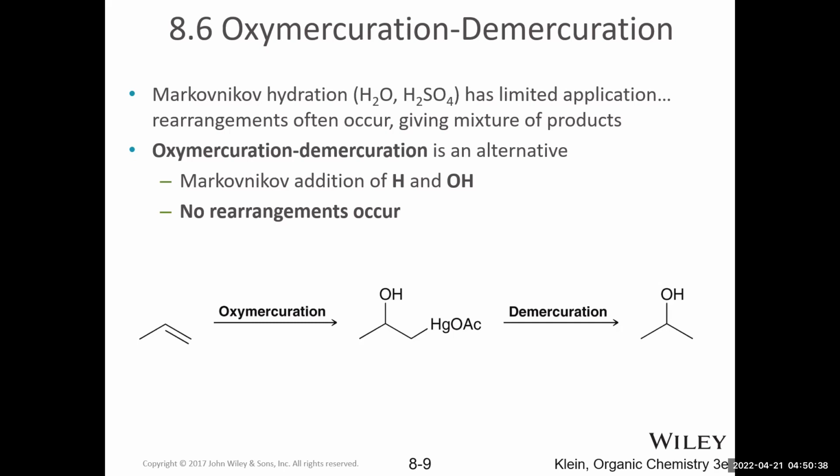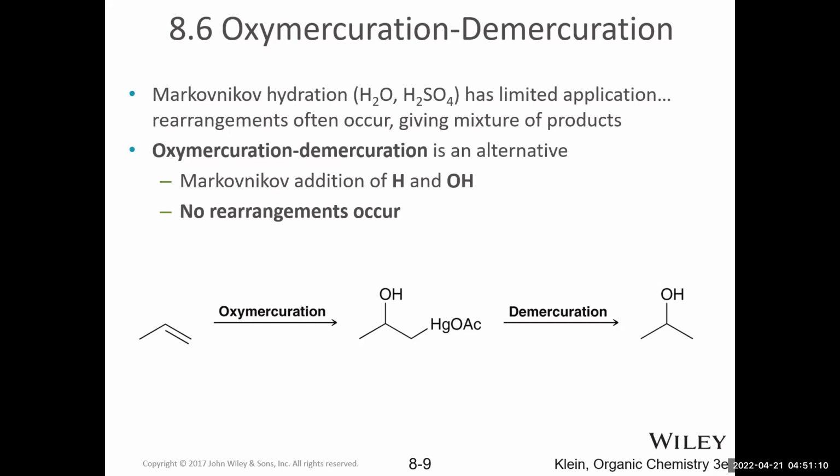So oxymercuration-demercuration still does Markovnikov addition of hydrogen and OH across a double bond. But the advantage, again, is that no rearrangements can occur with this particular mechanism. So if you're dealing with a substrate that would go through a carbocation intermediate that would rearrange, that would be a prime candidate to do oxymercuration-demercuration instead of acid catalyzed hydration.